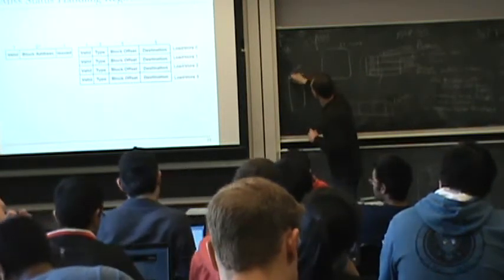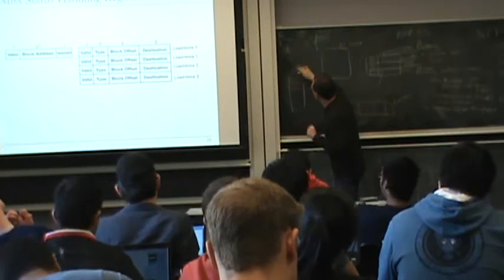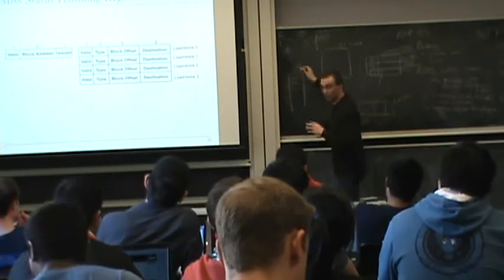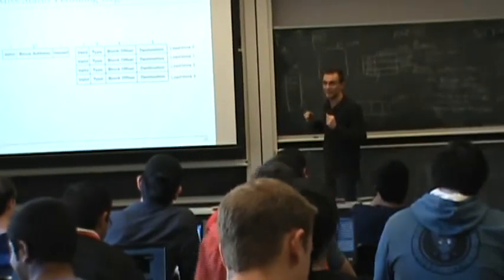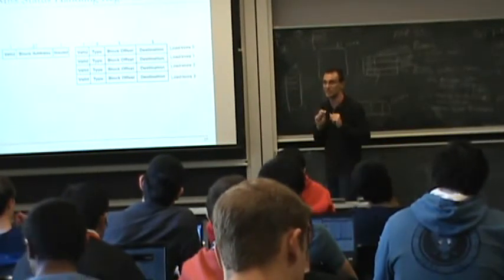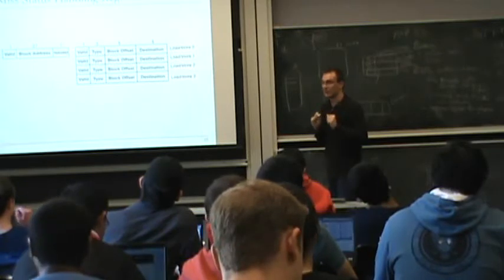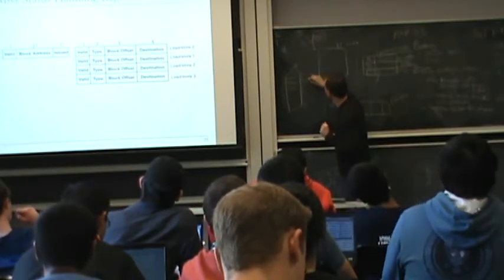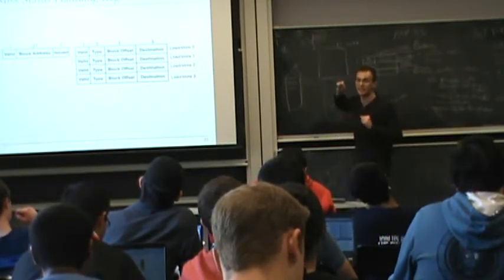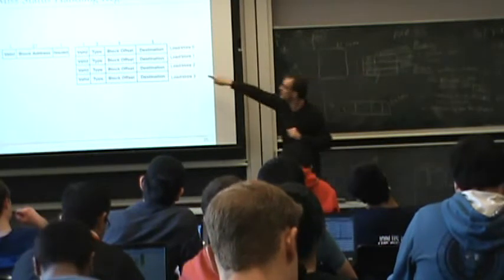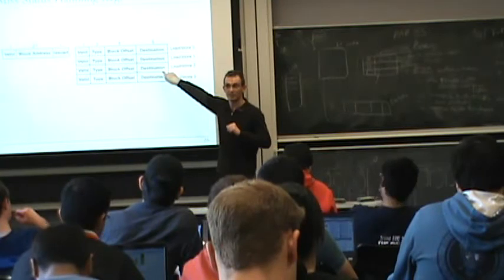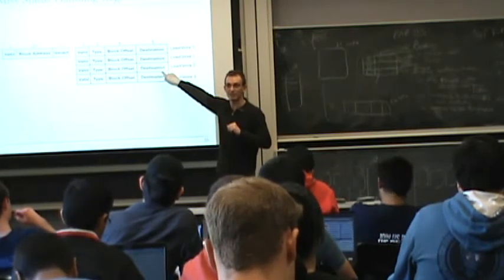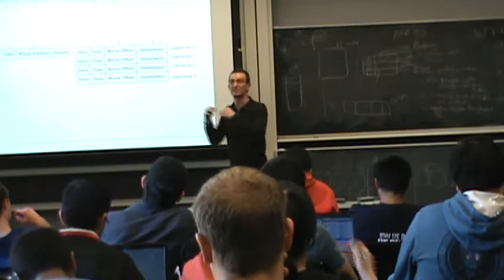The load store queue is an ordered list, a circular buffer, of all of the loads and stores you're doing that are pending in the machine. When you execute a load, you basically access the cache at that point in time. This keeps track of what has missed in the cache. It's a separate structure.